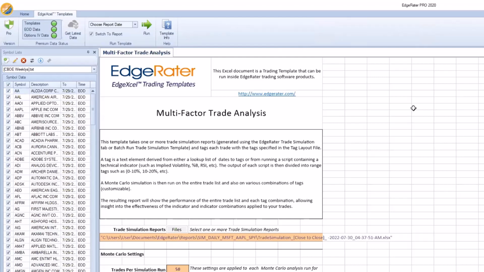You can run a multi-factor trade analysis, and it will tell you about the trades that were more successful: what were the starting values of the indicators at the start of the trade? Did indicators help in any way in the outcome of those trades? So the multi-factor trade analysis is a super powerful thing to run.